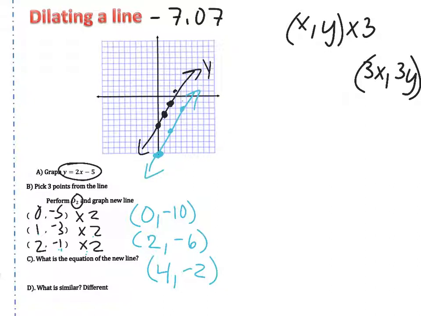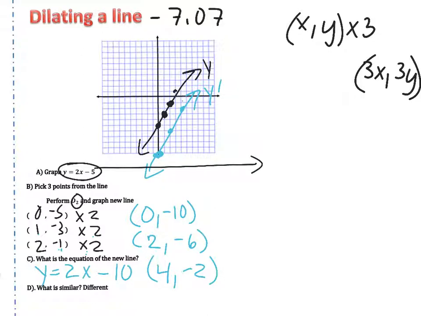And if I look at this new line, we call it y prime, this is after the dilation. And the equation is y equals, my slope is still 2, and my y-intercept is now negative 10.